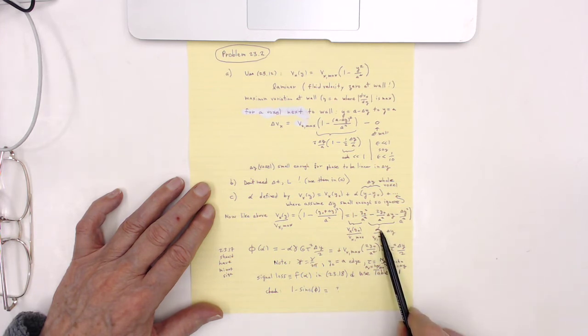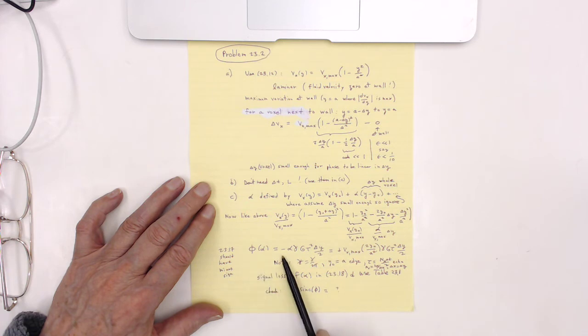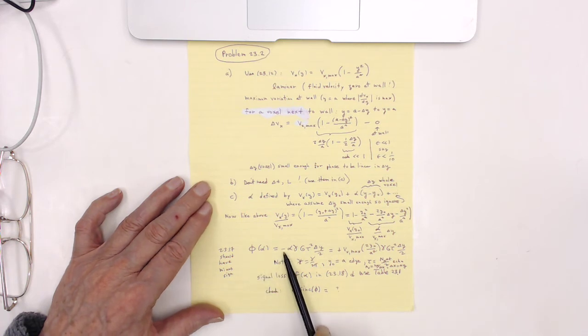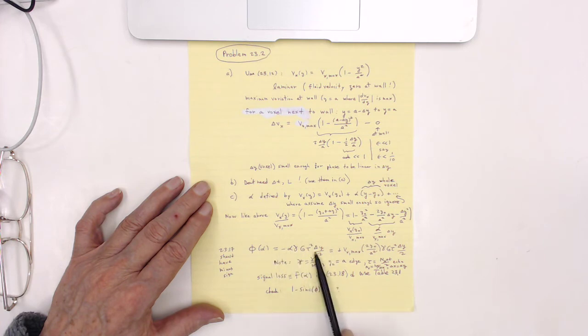So now I know what alpha is for this problem. And now if I know alpha for this problem, then I can calculate the phase for this problem. By the way, there should be a minus sign in 23.17. So when I take that formula with a minus sign, I get a plus. I know that guy. I'm going to be at the edge, so y0 is a.